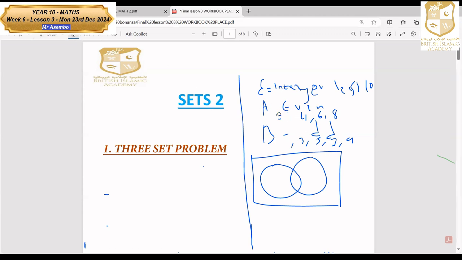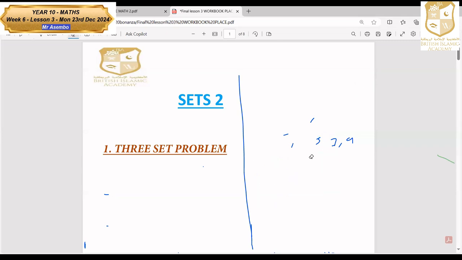So for today, I want us to go to a three-set problem, whereby we are going to have three sets. I want you to write this question under three-set problem. Universal set equals the set of integers less than 10.